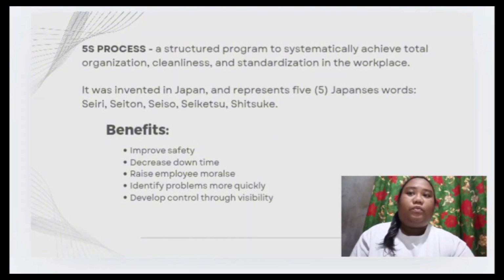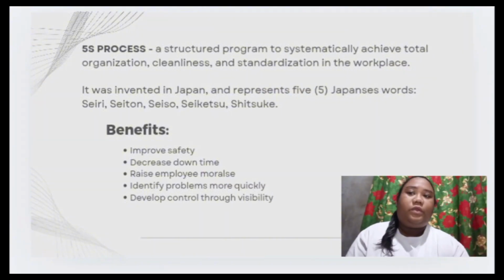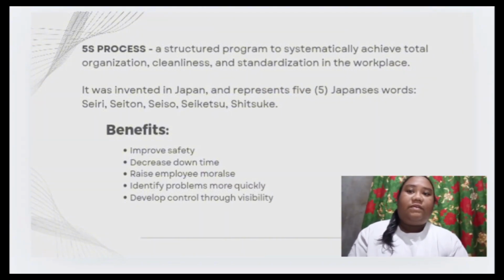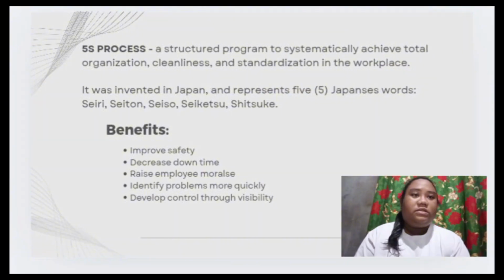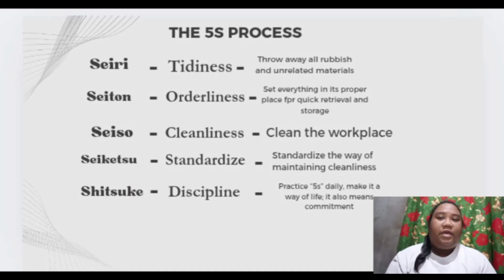These steps help the workplace remove clutter, arrange items properly, keep things clean, set standards, and build discipline so that the system is followed every day. Using the 5S process brings many benefits such as improving safety, decreasing downtime, raising employee morale, identifying problems more quickly, and developing visual control.